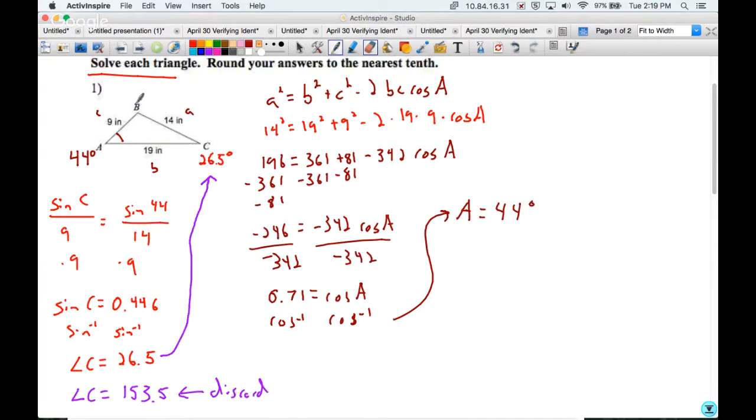If you had tried to solve for angle B before solving for angle C, that would have happened because this one is obtuse. To find this one here, we can just do our triangle sum. All three angles should add up to be 180.